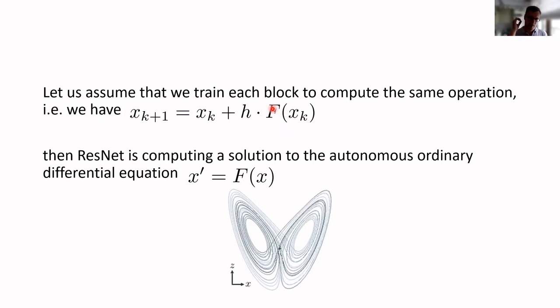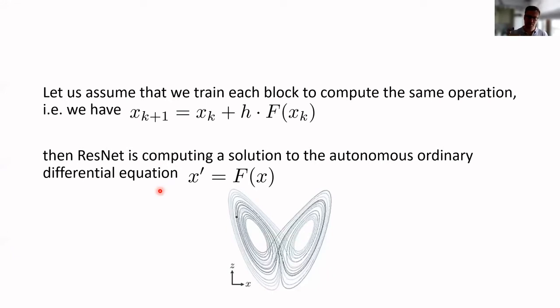So I don't have independent layers, each with their own parameters, but I use only one set of parameters for every layer in ResNet, and then the equation will change into this one. I don't have F_k anymore. I have just F, and this is exactly the Euler solution for a differential equation. A differential equation is continuous.